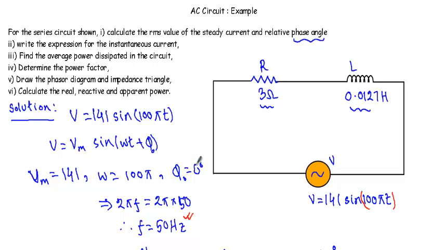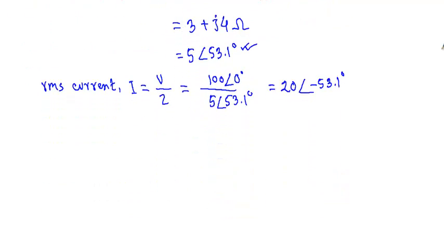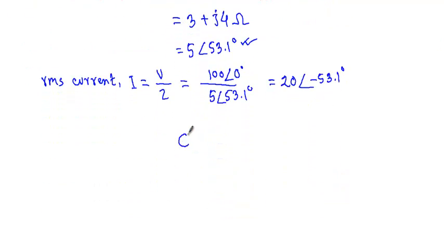Now we have to find the relative phase angle. The initial phase of the voltage, phi V, is 0 degree, and the current has a phase phi I equal to minus 53.1 degree.